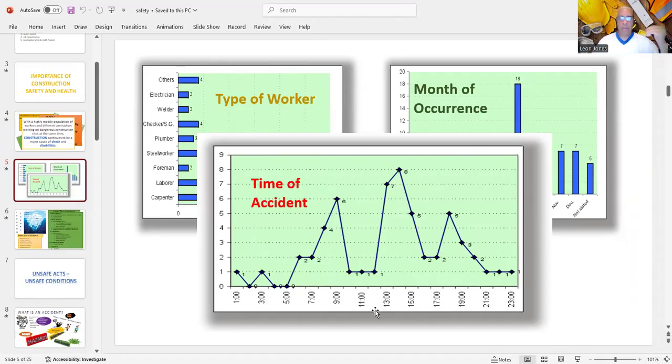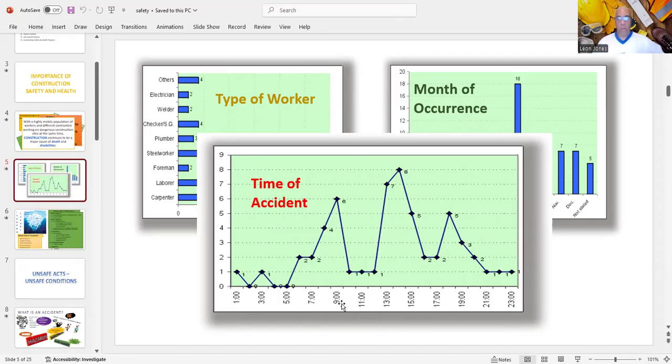Your highest amount of accidents happen between 1,300 and 1,500. I have my opinion on it. Some people are coming from lunch. Also, you have a number of accidents that happen between 7 a.m. and 9 a.m. You have people getting into work.